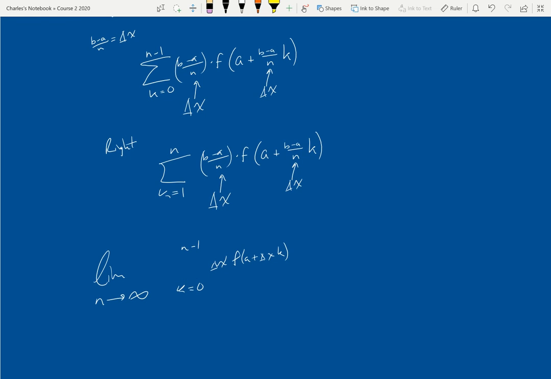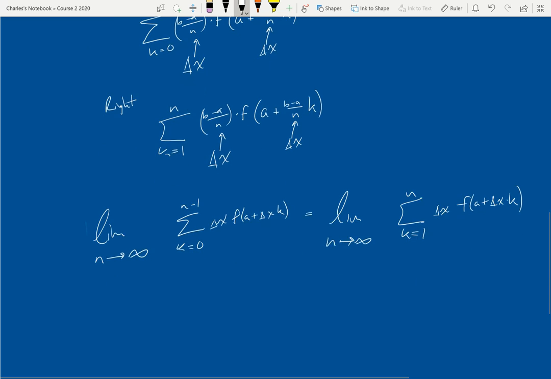Well, hopefully you can agree that that's the same. This theoretical concept of a limit is going to equal itself for the left endpoint and the right endpoint. So the limit as n goes to infinity from the left endpoint is going to equal the limit as n goes to infinity of the right endpoint.